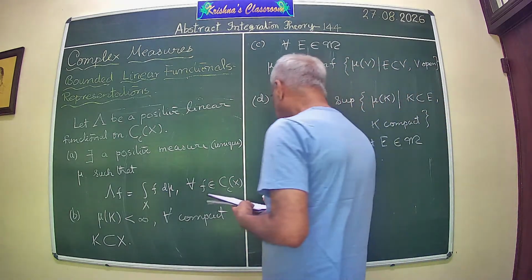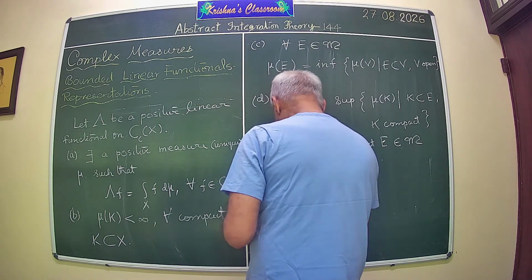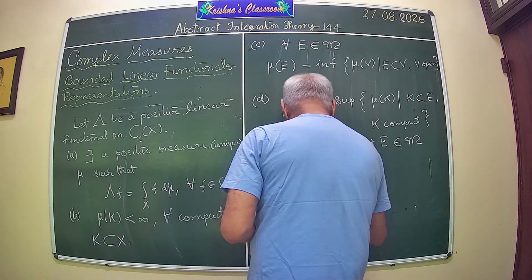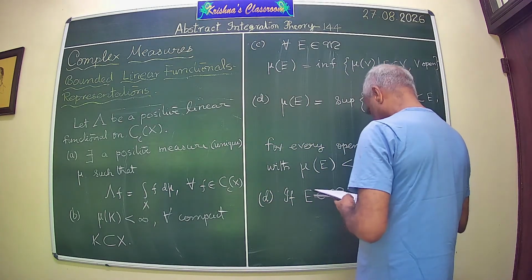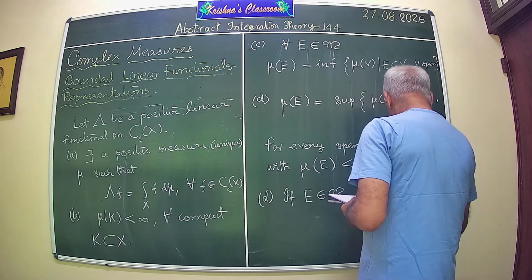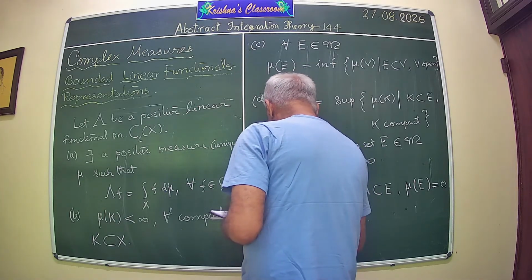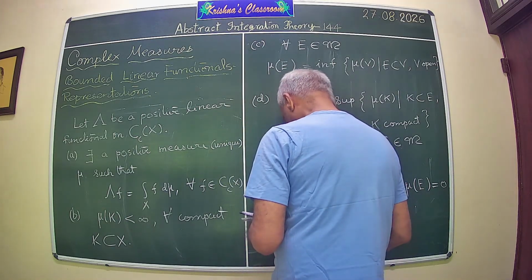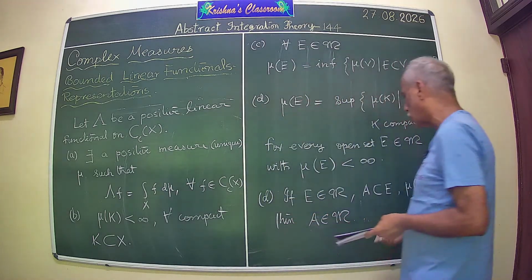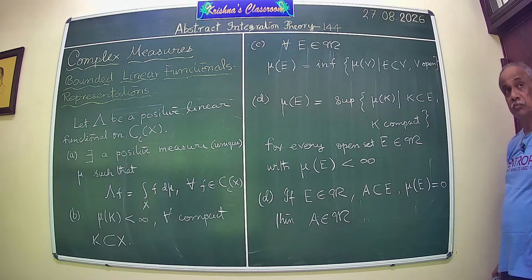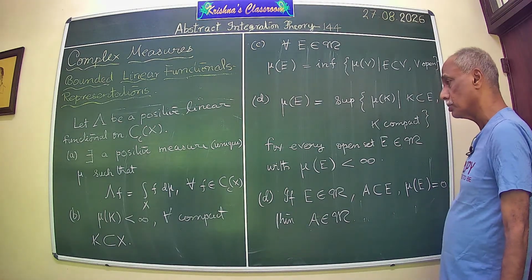Now D is the representation theorem that we have proved. If E belongs to M and mu of E equals 0, then every subset A of E belongs to M. That means all subsets of measurable sets are measurable if mu of E is 0.